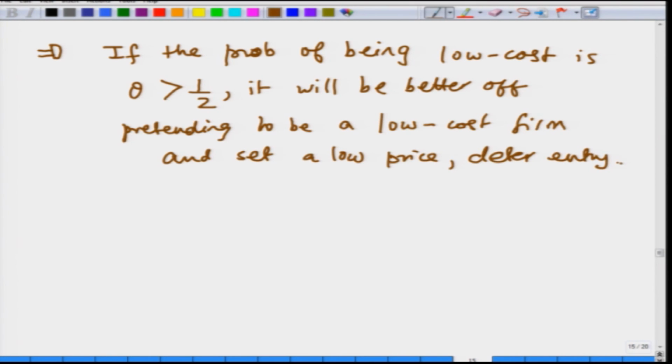So, by forming this belief, the incumbent will be able to keep the entrant out. Thank you.